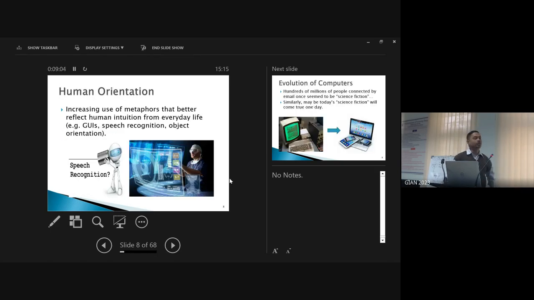Next is human orientation. The last one is human orientation: increasing use of metaphor that better reflects human intuition. 20 years back, even if you had a computer, you could not think that a computer can listen to your words.